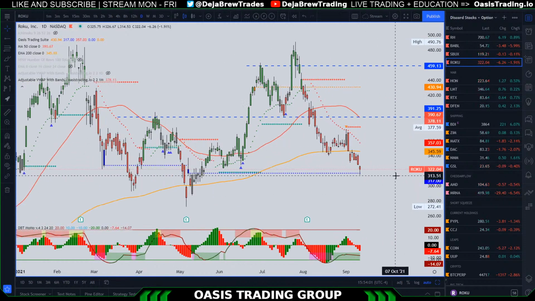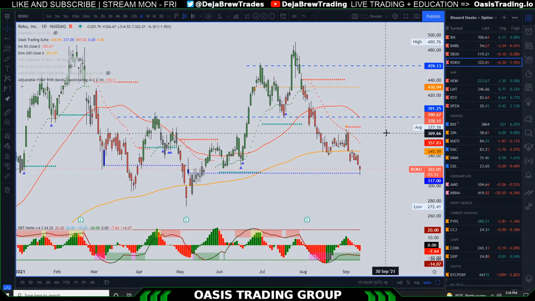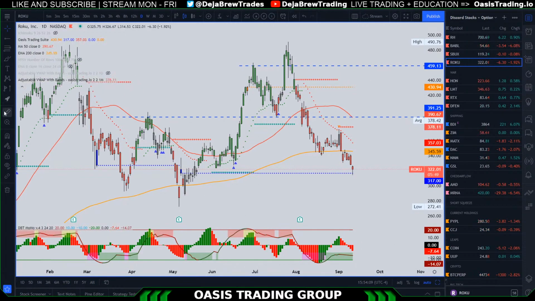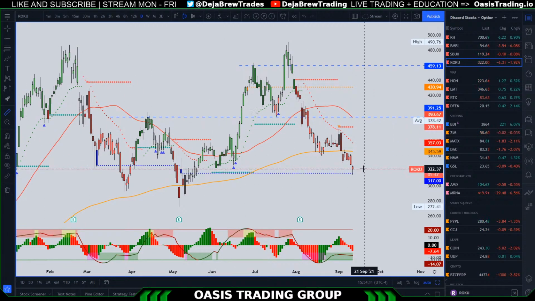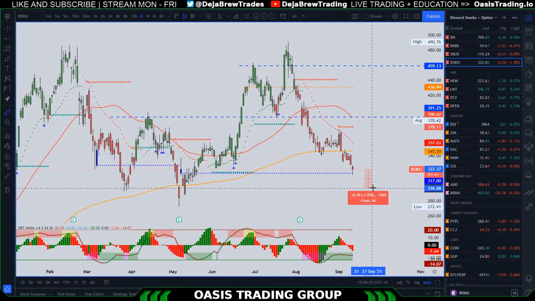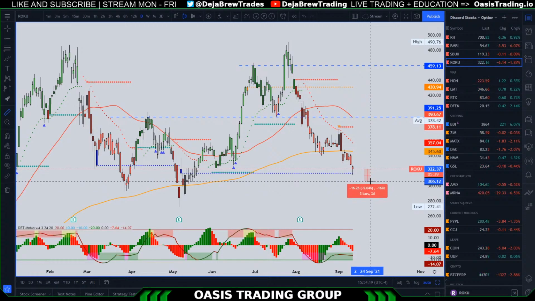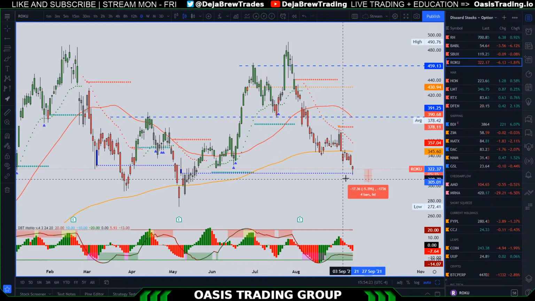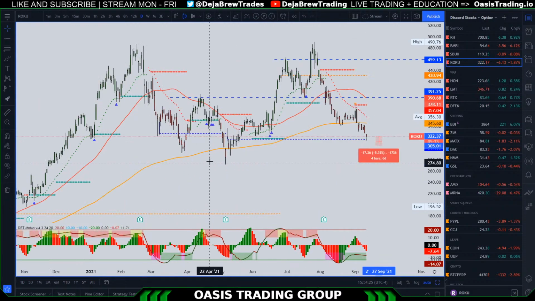So this is a trade that I was thinking about taking here. I honestly might grab some shares here if it doesn't fill. What time is it? We have 5 minutes left. I might grab some shares on Roku here, not too many, because it is very volatile. Put a very tight stop on this thing below these little wicks down here.